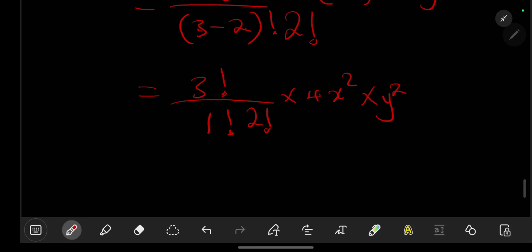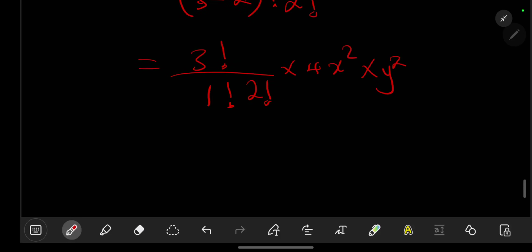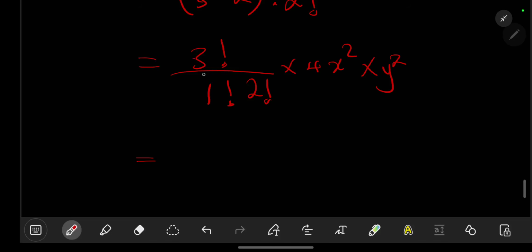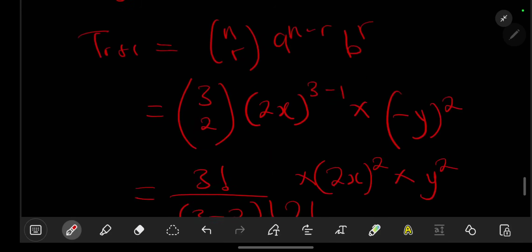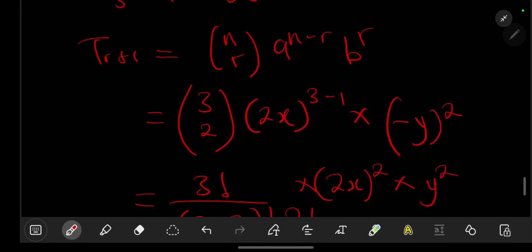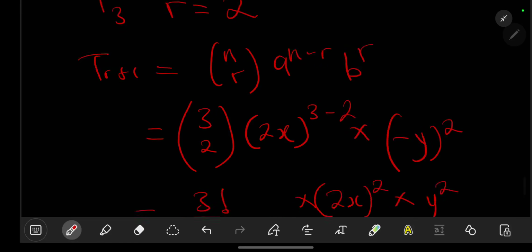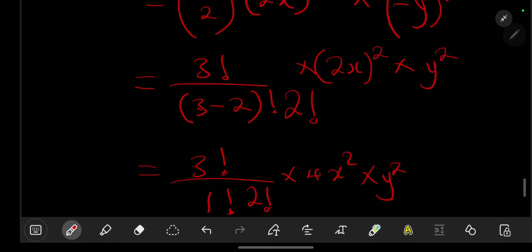So with that said, our value will be equal to 3 is the same as 3 times 2 times 1 over 2 factorial, which is just 2, so this and this cancels.